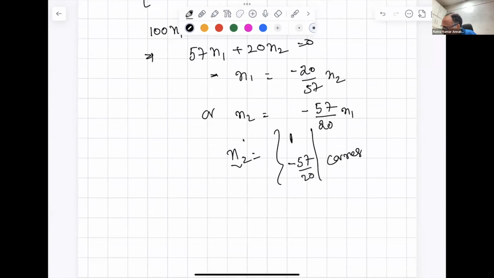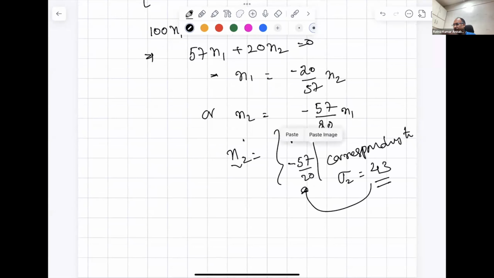Corresponding to sigma 2 is equal to 43. So corresponding to this vector, that is the eigenvector. So this is the orientation of the plane on which sigma 2 is equal to 43. That means the angle between our initial axes E1 hat and E2 hat.